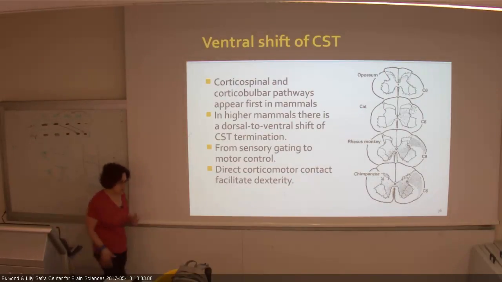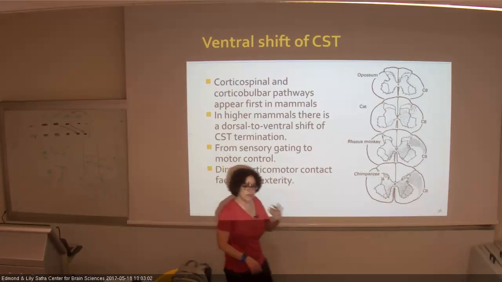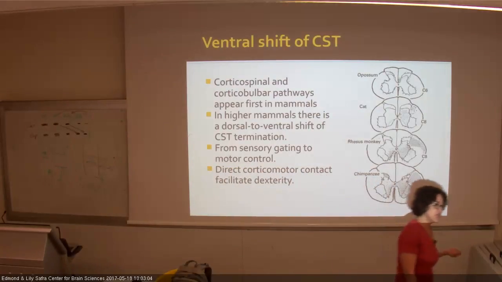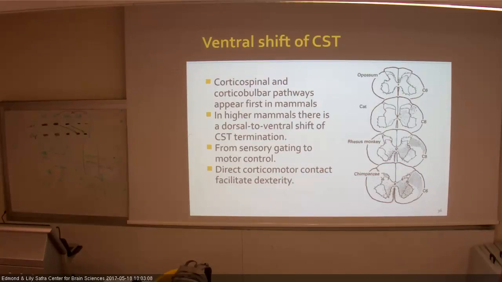Now, the pyramidal tract, through evolution, went through some modifications, and there are two major changes: one is the increase in size, and the other is the ventral shift.